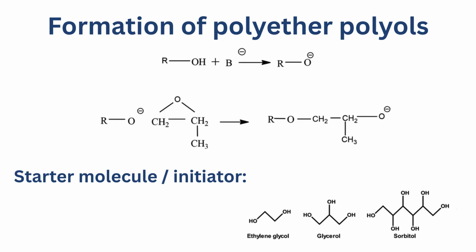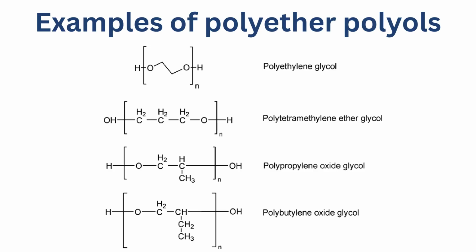These materials are the products of a reaction between a simple starter molecule, also called initiator, such as ethylene glycol, propylene glycol, glycerin, pentaerythritol, trimethylol propane, sucrose or sorbitol, and a cyclic ether such as ethylene oxide (EO), propylene oxide (PO), mixtures of EO and PO, or tetrahydrofuran (THF).